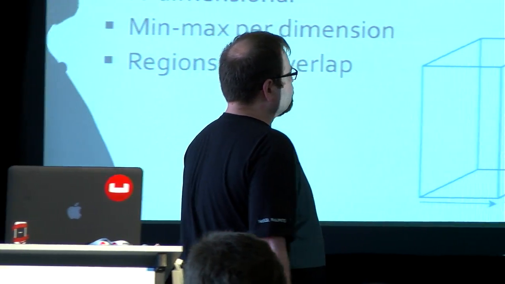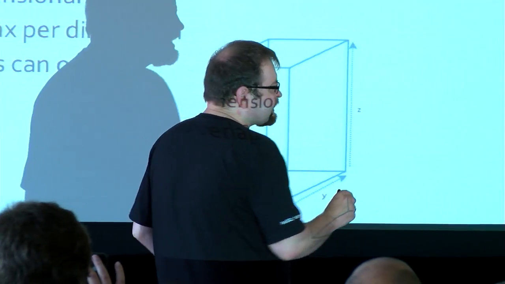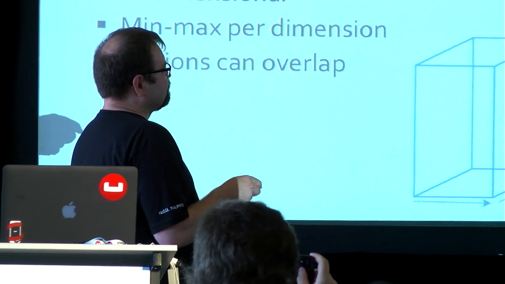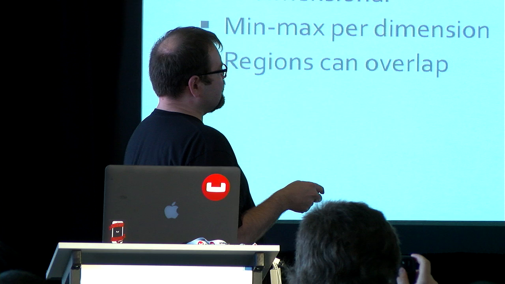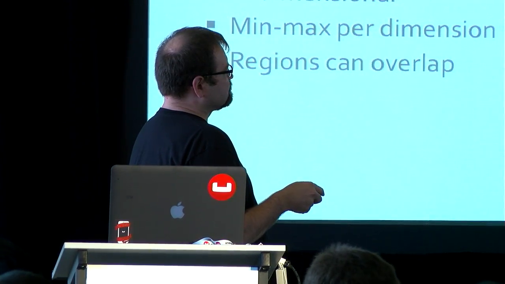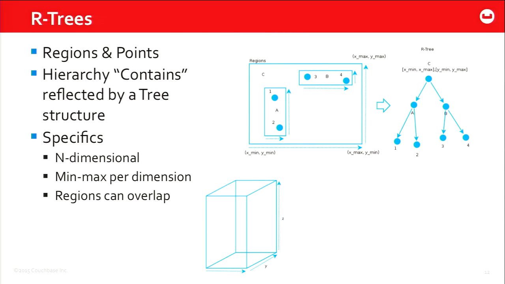The tree would look like this, not exactly like this, but logically like this: C contains A and B, A contains point 1, A contains point 2, for instance. What you find here is a definition of the regions in the nodes of your index.